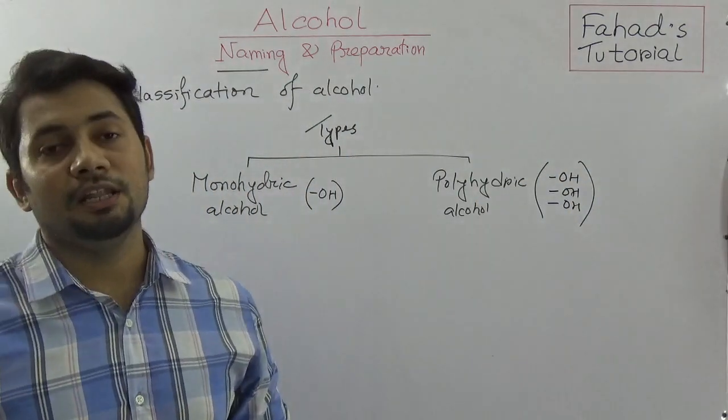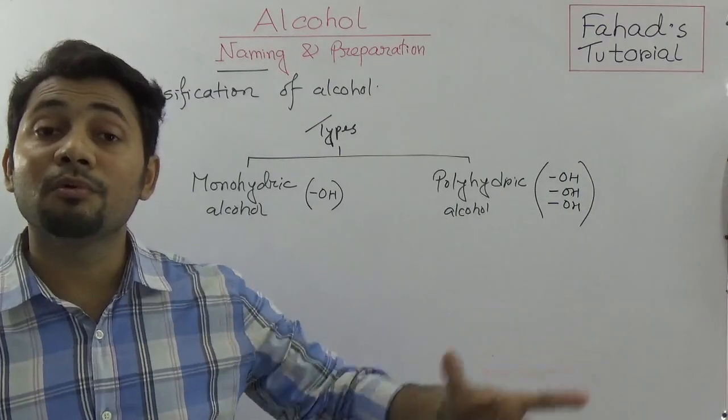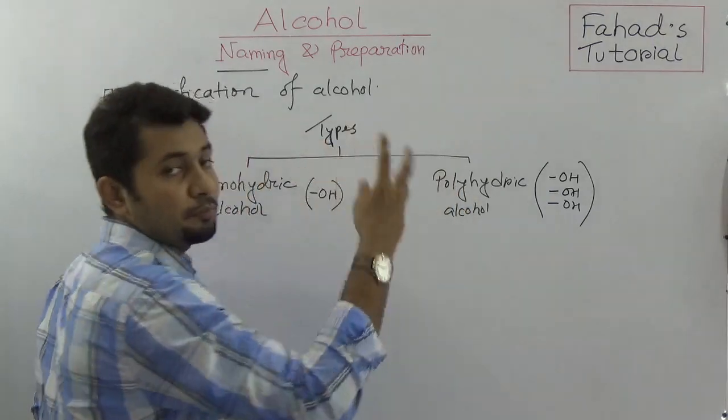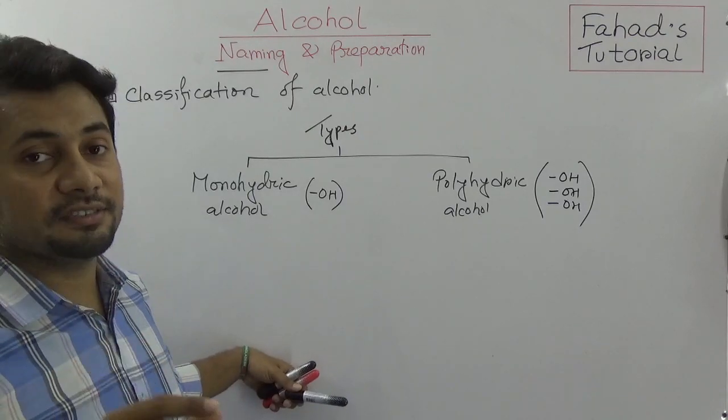Polyhydric means a lot. Poly means a lot, like we see in the polymerization reaction, where more molecules are added. This is polymerization, so poly means more than 1. So monohydric means 1 or a single hydroxyl is present.